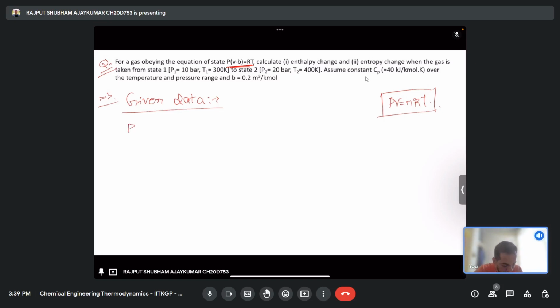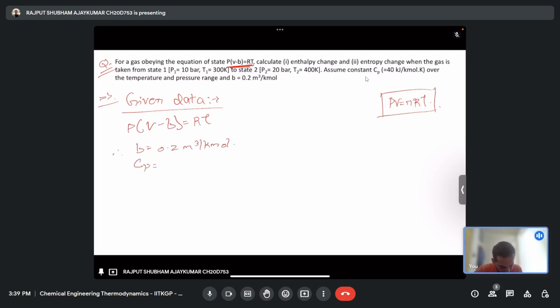So we have been given the equation P(V minus B) equal to RT, B equal to 0.2 meter cube per kilomole.